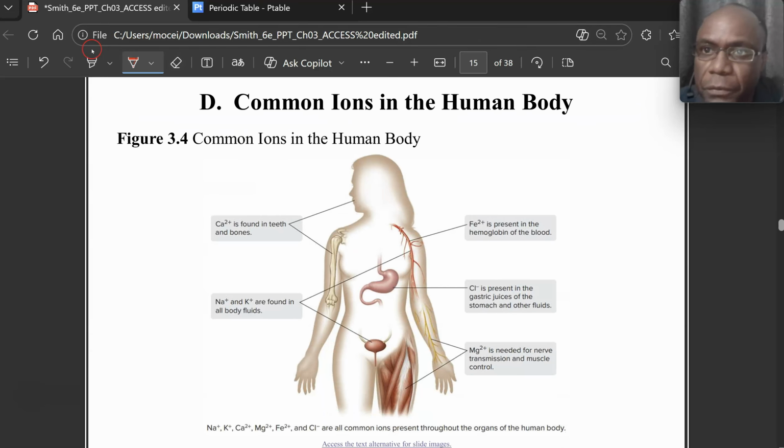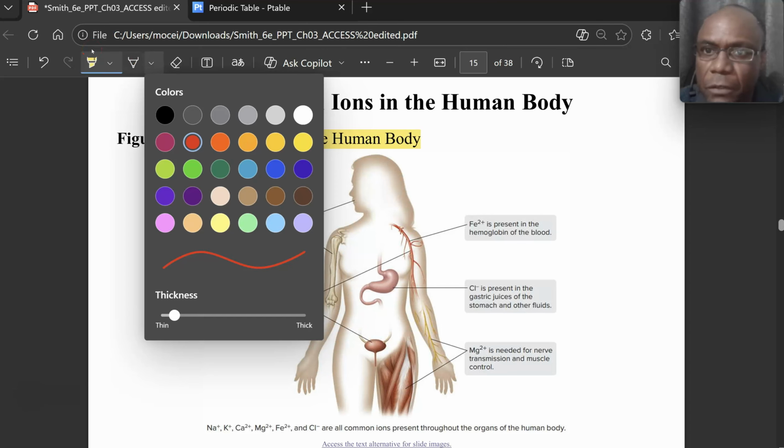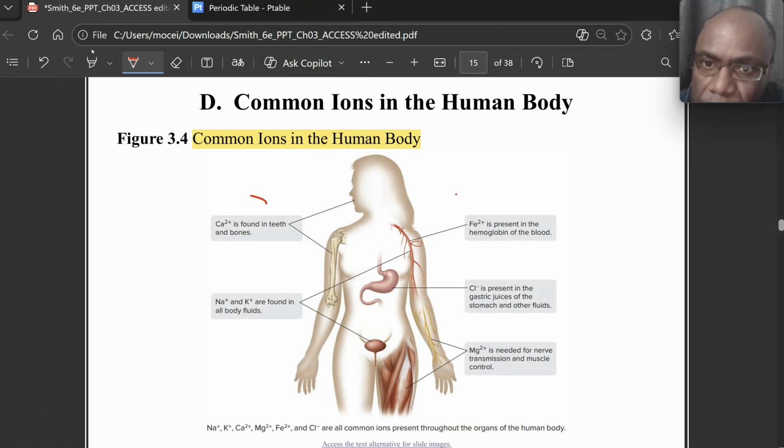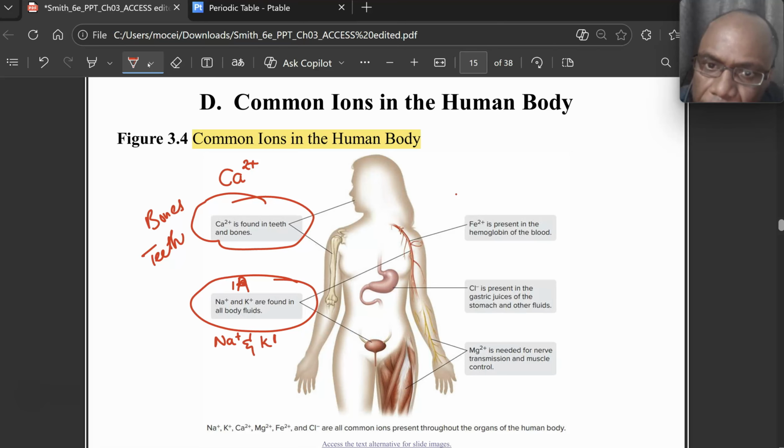Here we are showing you the common ions in the human body, where they are found and what they do. So the first one, calcium, is generally found in bones, including your teeth. So that's about the group 2A cation, calcium ions. Let's go down. Here we have group 1A cations, that is Na plus and K plus.